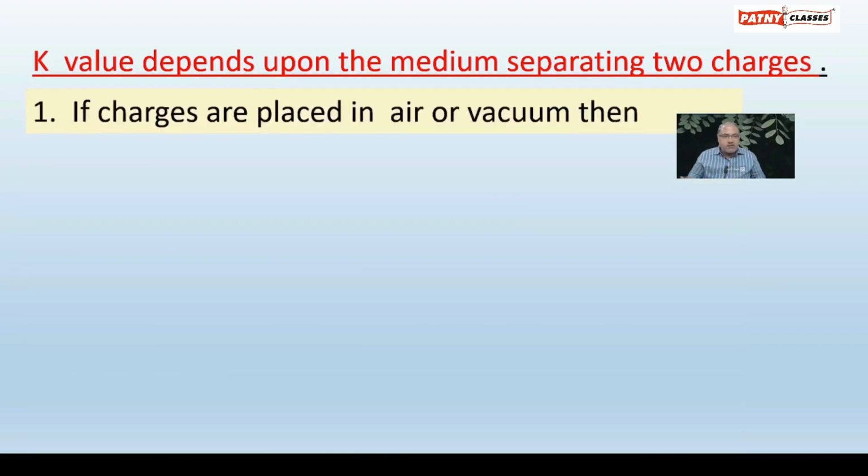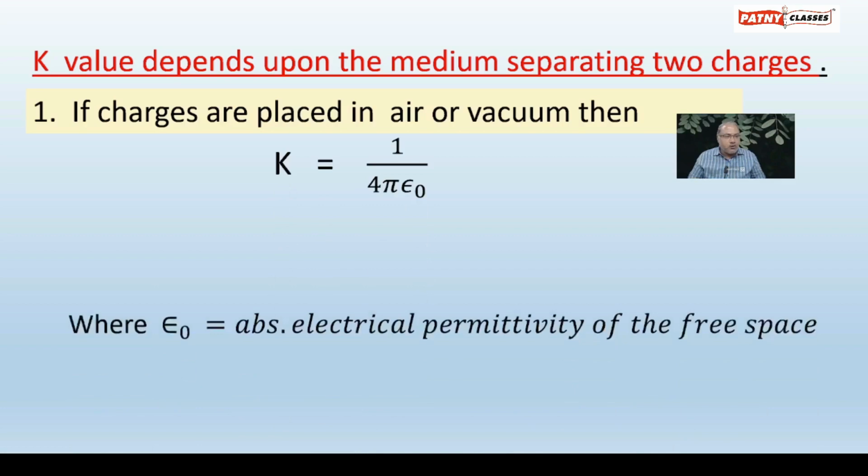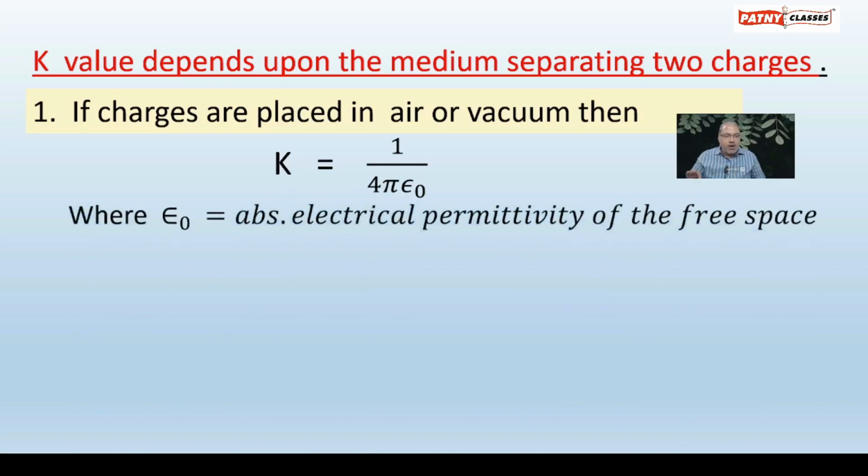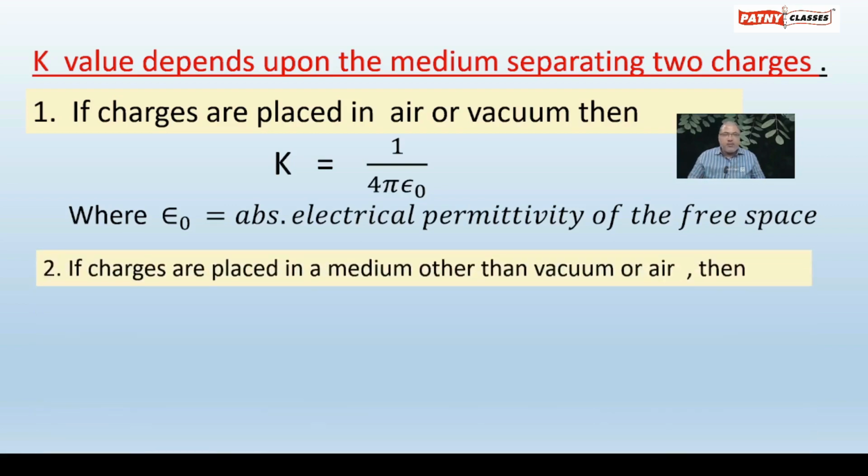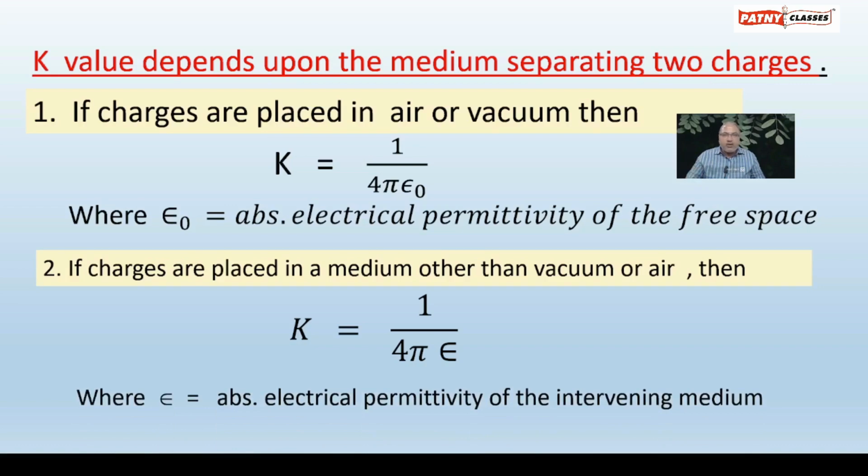If the charges are placed in vacuum or air, then K equals 1 upon 4 pi epsilon naught, where epsilon naught is called absolute electrical permittivity of free space. And if the charges are placed in a medium other than vacuum or air, then K equals 1 upon 4 pi epsilon, where epsilon is absolute electrical permittivity of the intervening medium.